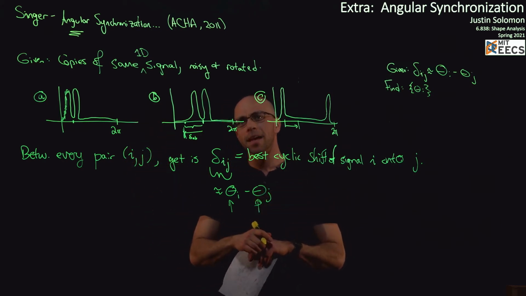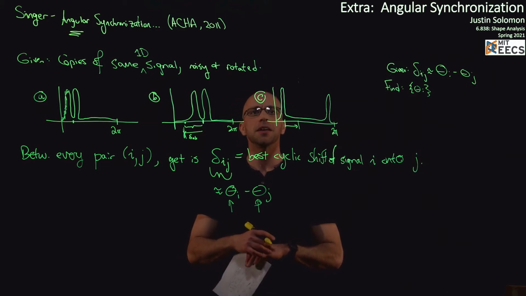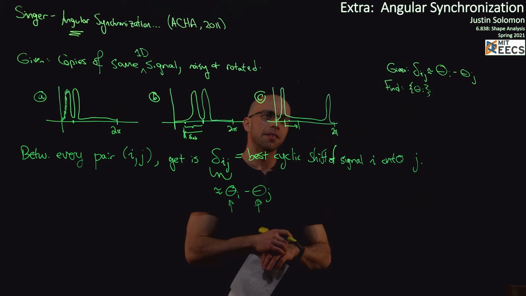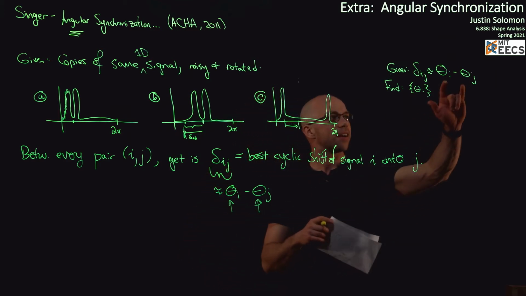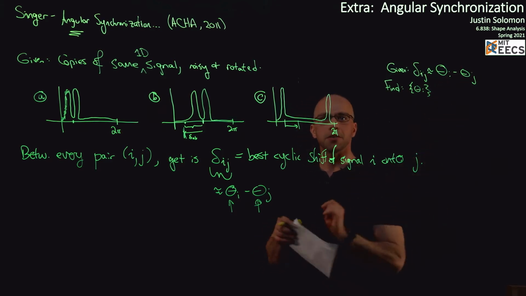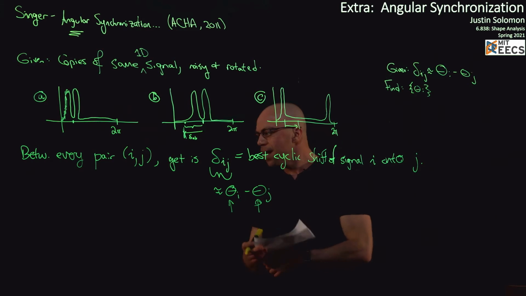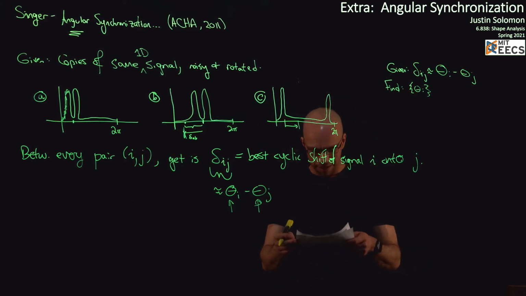And that would actually be an equally good answer to this angular synchronization problem, which is to say that sadly, our solutions are not unique, right? If I add a constant angle to all of my thetas, I will get an equally good solution, and that somehow feels like it's getting in the way of properties like convexity.